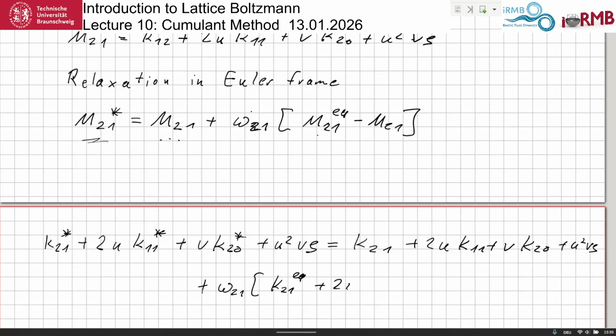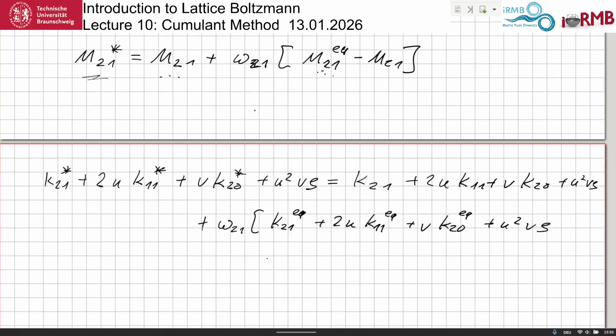So here we have 2U K11 equilibrium plus VK20 equilibrium plus U square V rho. So that was this one. And now again come the pre-collision states, which we subtract: K21 minus 2UK11 minus VK20 minus U square V rho.